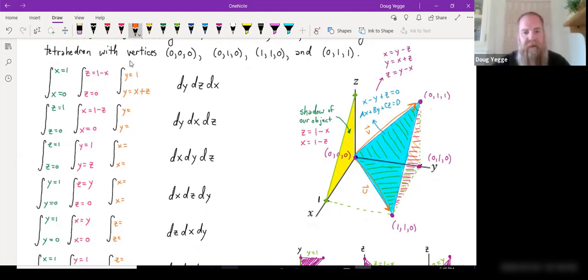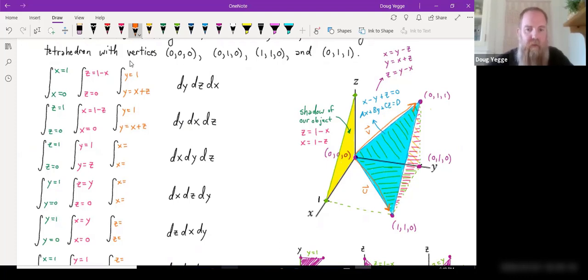But because x and z come after it in both of these, it's not going to affect the original integral. And so notice that these limits, once you find one, you found the other. Okay, so that means that this is going to be from y equals x plus z to y equals 1 as well.